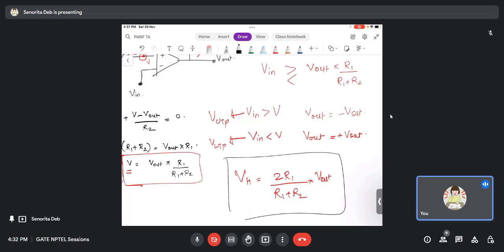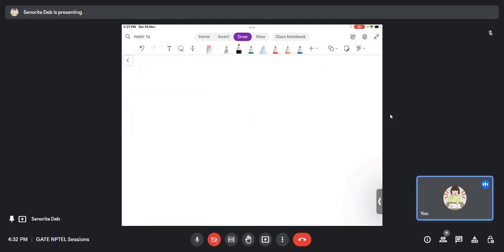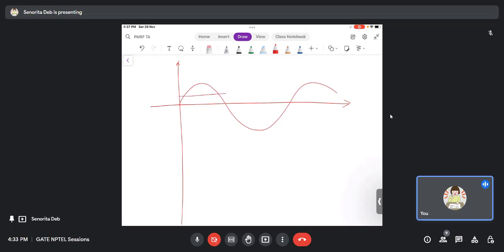Okay, so now let's see how it turns out to be a square wave. Suppose I am taking a non-inverting one only. This is the sine wave I applied, and this is VUTP, this is VLTP. VUTP is somewhere here, VLTP is somewhere here. It's just a voltage, right?